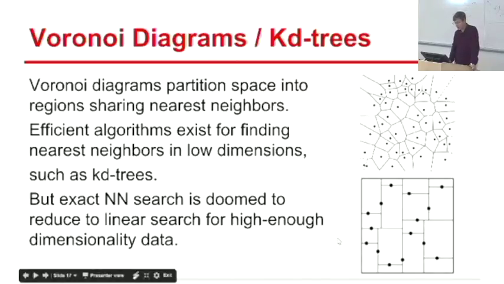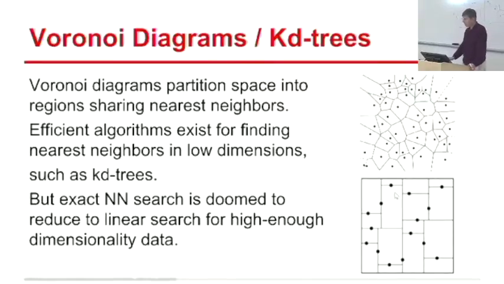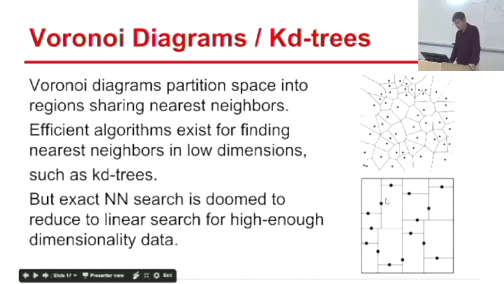Another idea that is useful in a higher but still not infinite number of dimensions is something called a KD tree, which basically is a binary tree that divides space in pieces. So if we look at this, here we have a bunch of points.